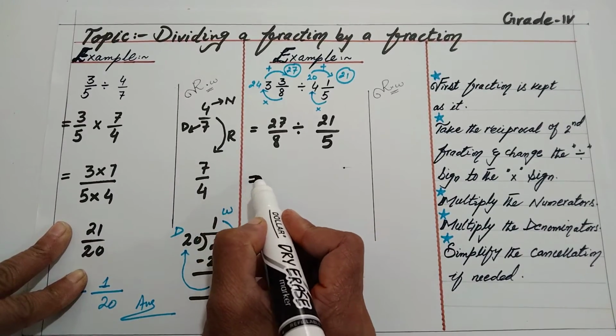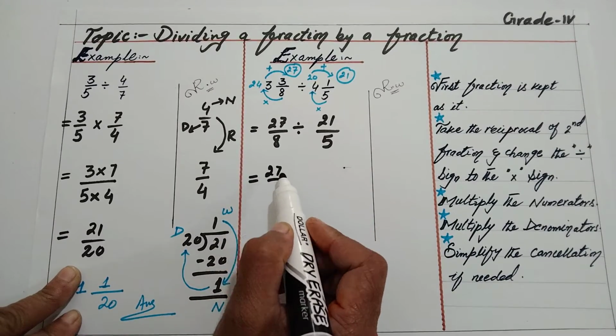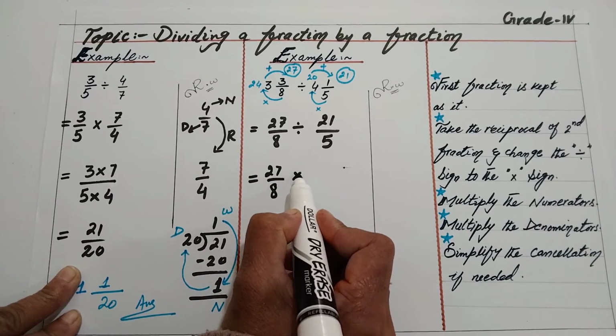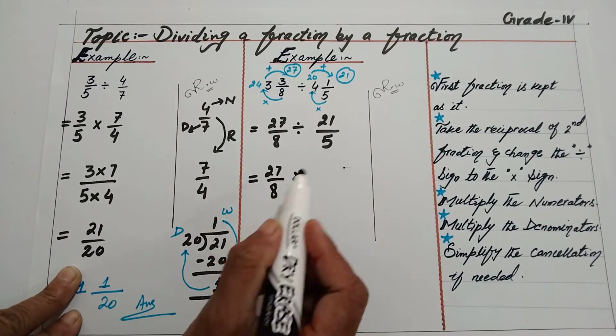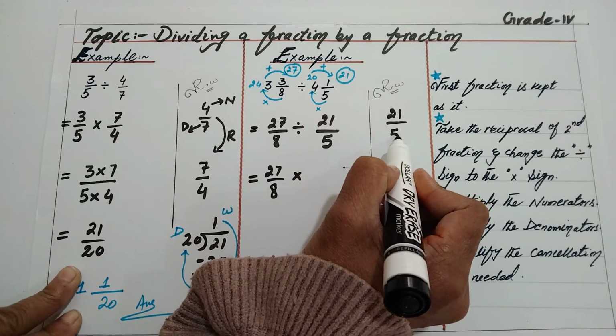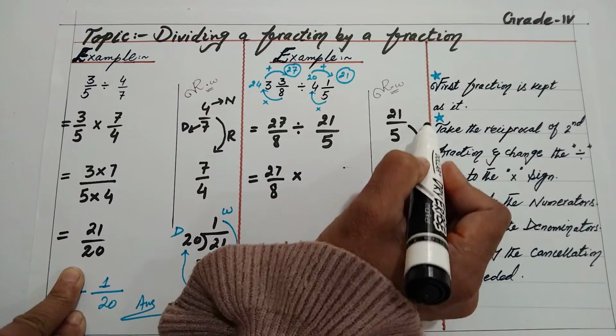Now we will follow the same steps. First fraction is kept as it is. Division will be converted into multiplication, and take the reciprocal of the second fraction. As the second fraction is 21 over 5, what will be the reciprocal?